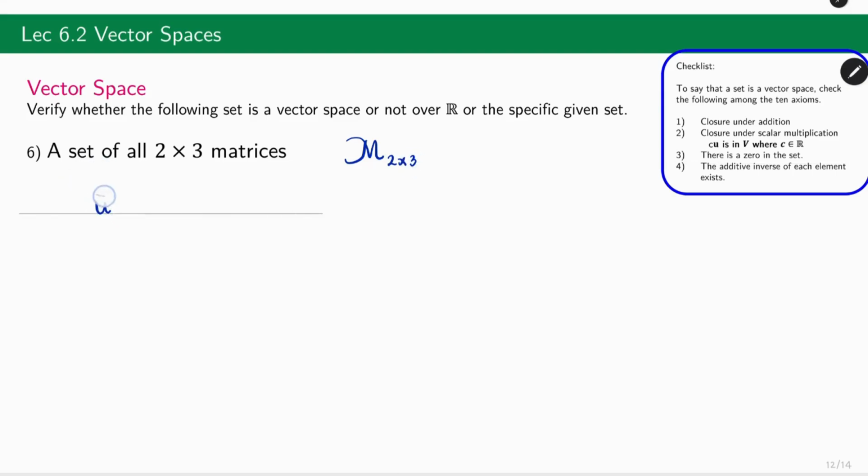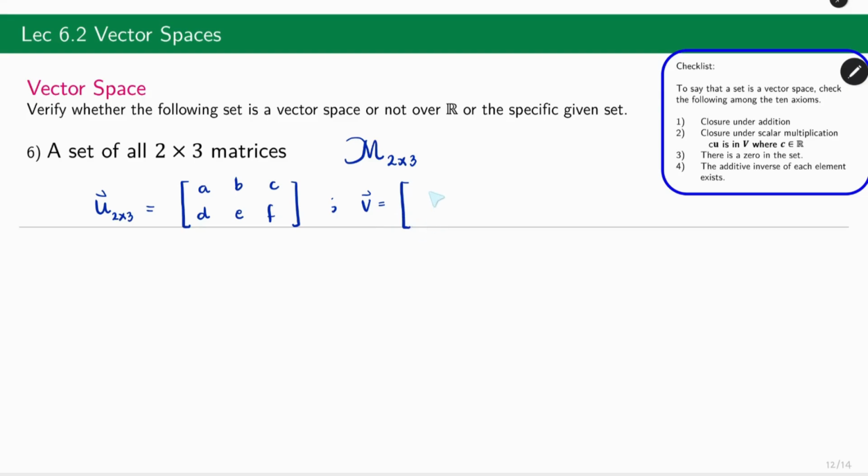Let's say vector U, with a subscript 2x3, has 2 rows and 3 columns, A and so on, such that all of these entries are real. And then vector V has entries X, Y, Z.